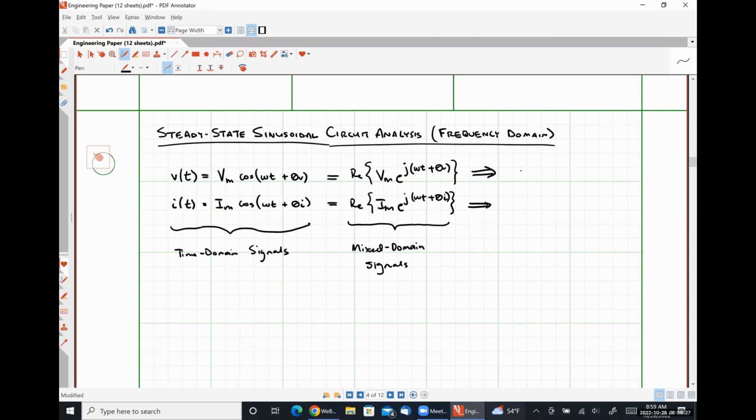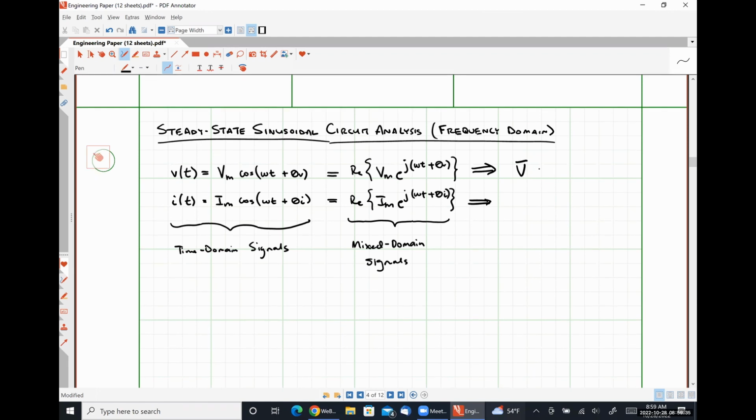So in the frequency domain, we would have a voltage phasor V with a bar over it, representing that it is a complex number that is simply Vm angle theta v, and we need no other information about it.